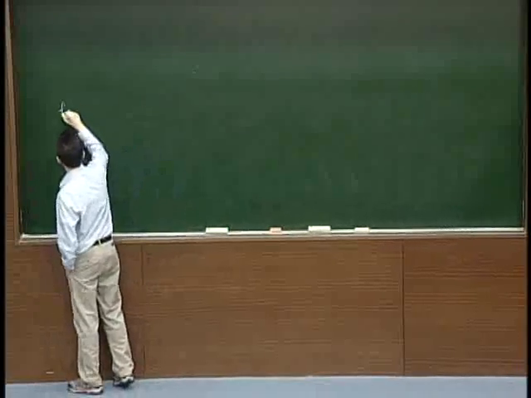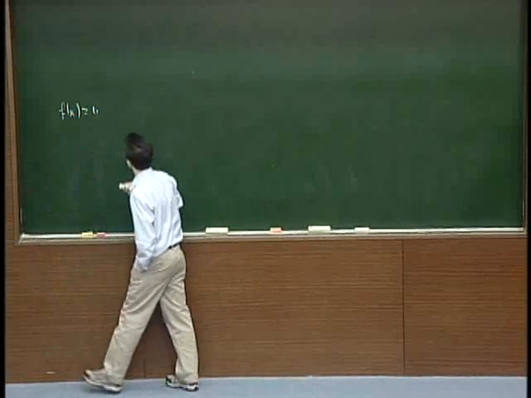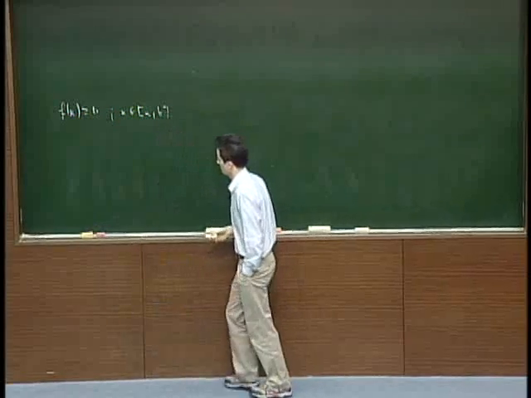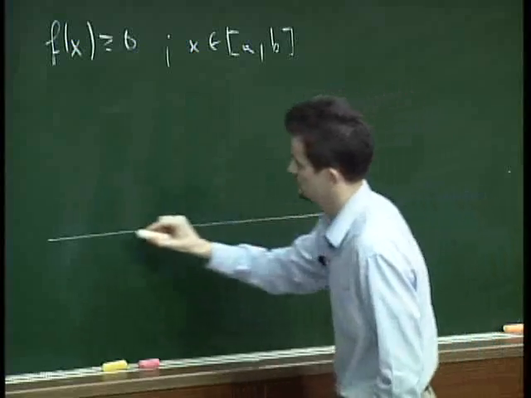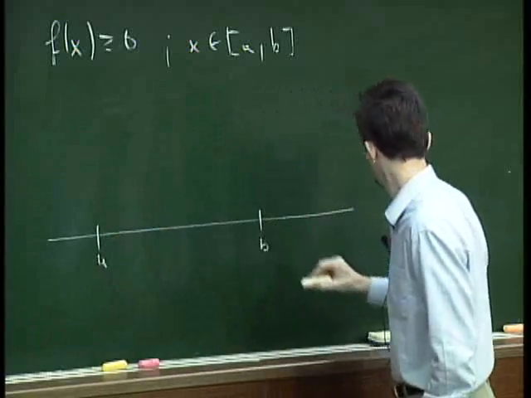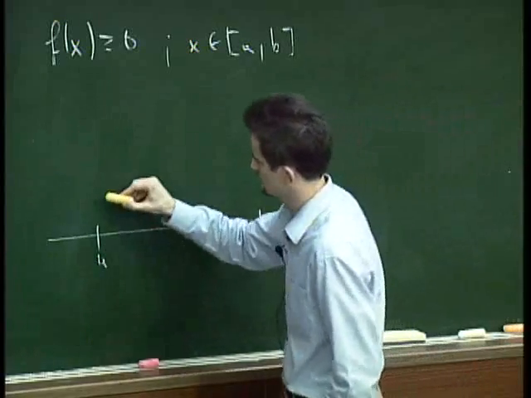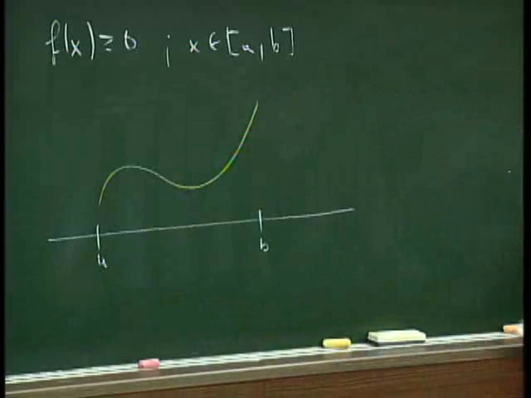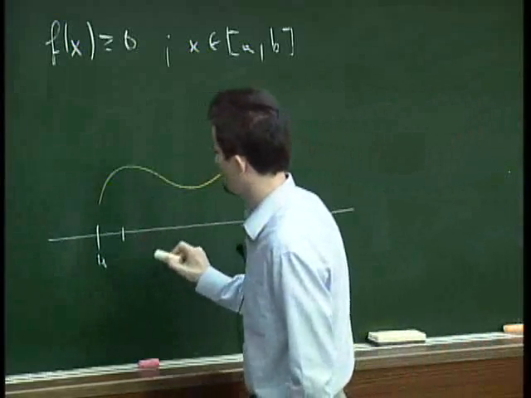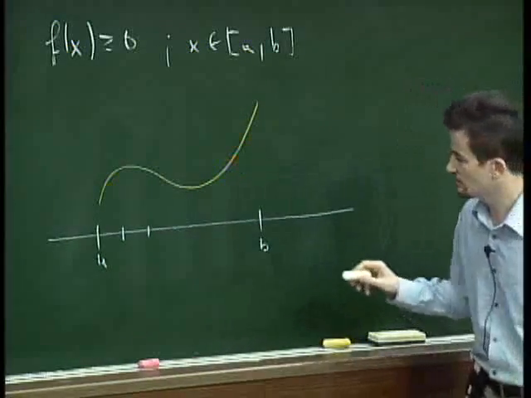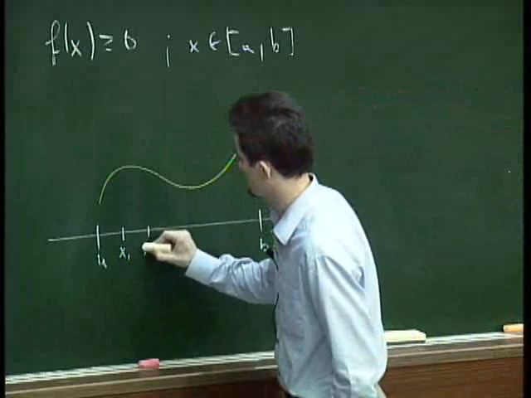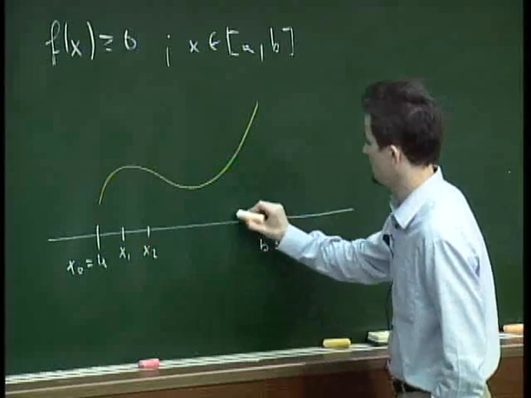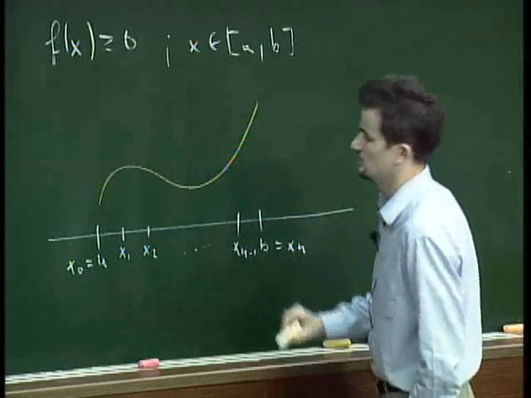Okay, so if we have a general function f of x larger or equal than 0 on an interval a, b, let's say this function looks like this. Now what we do is we again divide the interval a, b into subintervals. So this should be here x1, this should be x2, a is equal to x0, the last one is equal to xn, and we have here xn minus 1.